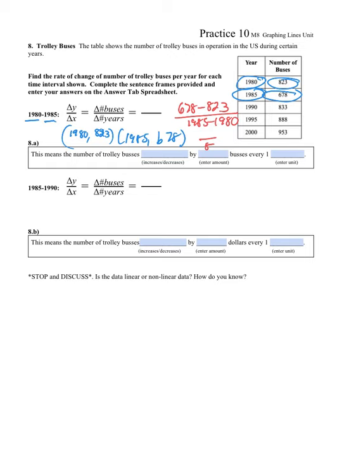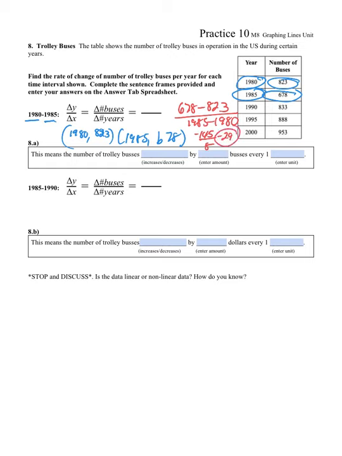678 minus 823 is negative 145. When I divide that by 5, the answer is negative 29.